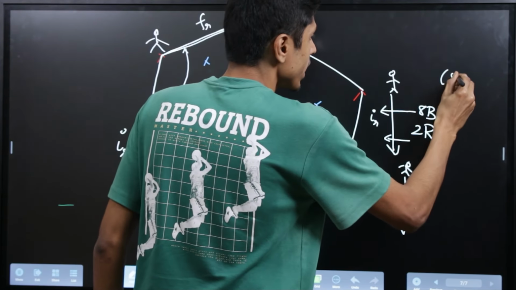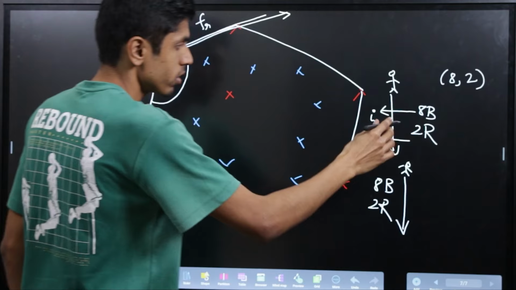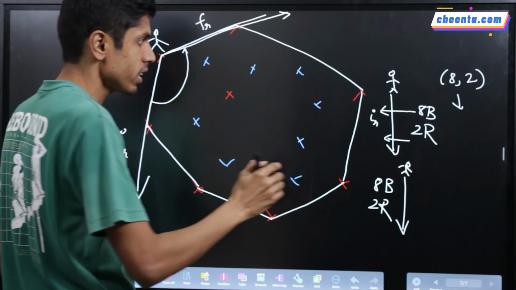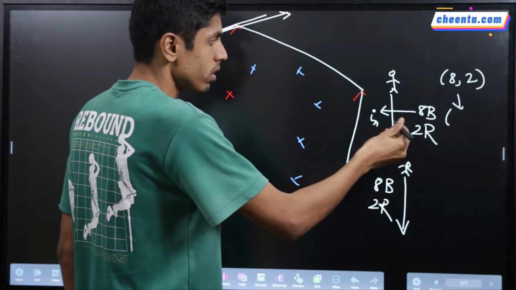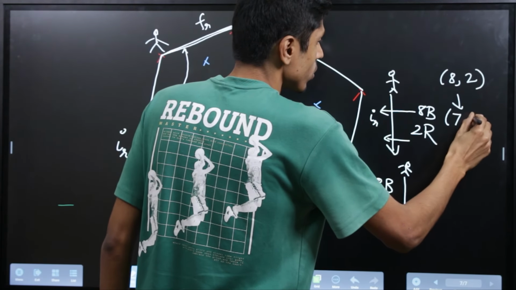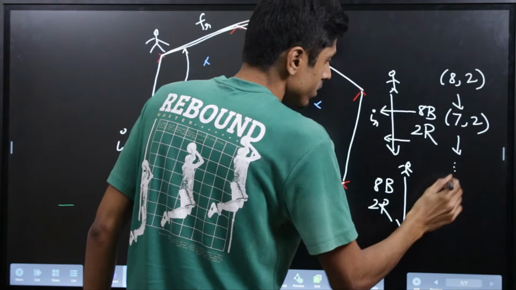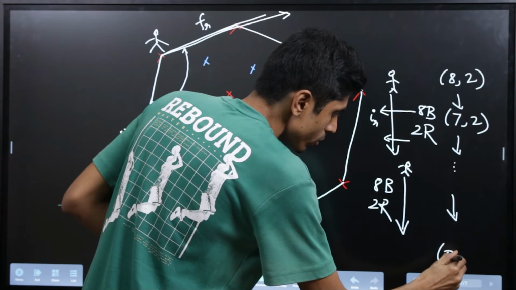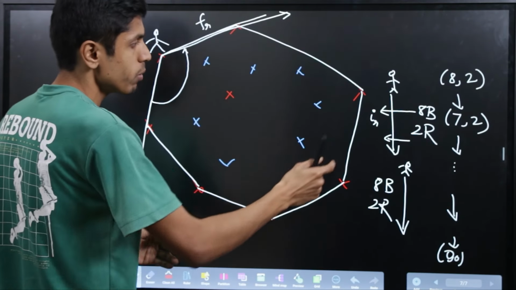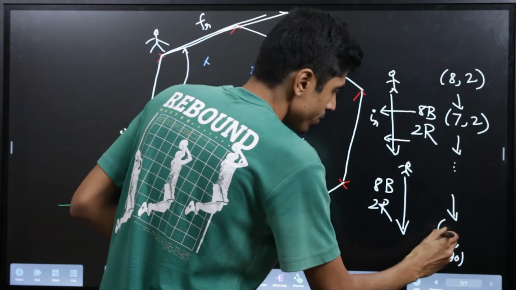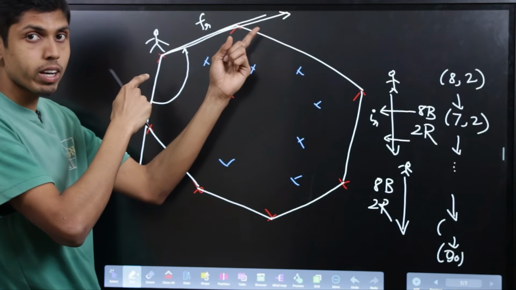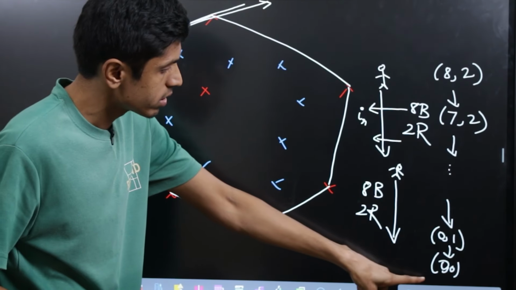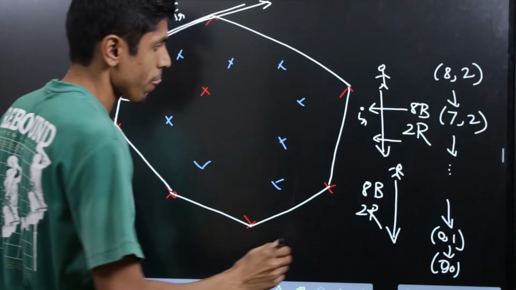So you are starting with 8 blue and 2 red, and eventually the points are decreasing. Let's say 1 blue goes to this side, so you get 7, 2, and the last would be 0, 0. But just before that step, it will be 0 blue and 1 red, because this red, which is incident on the final ray, is the very last one. So 0, 1, and this decreases to 0, 0.